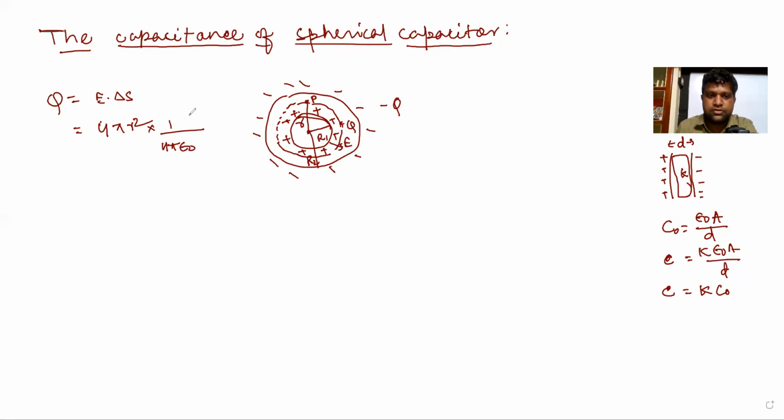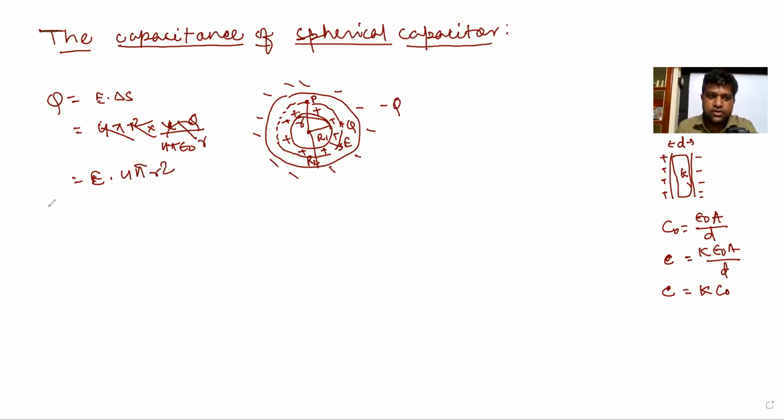Here, instead of writing the value of E, I'll keep it as E because I want to calculate E. So E ds gives E times 4 pi r square.